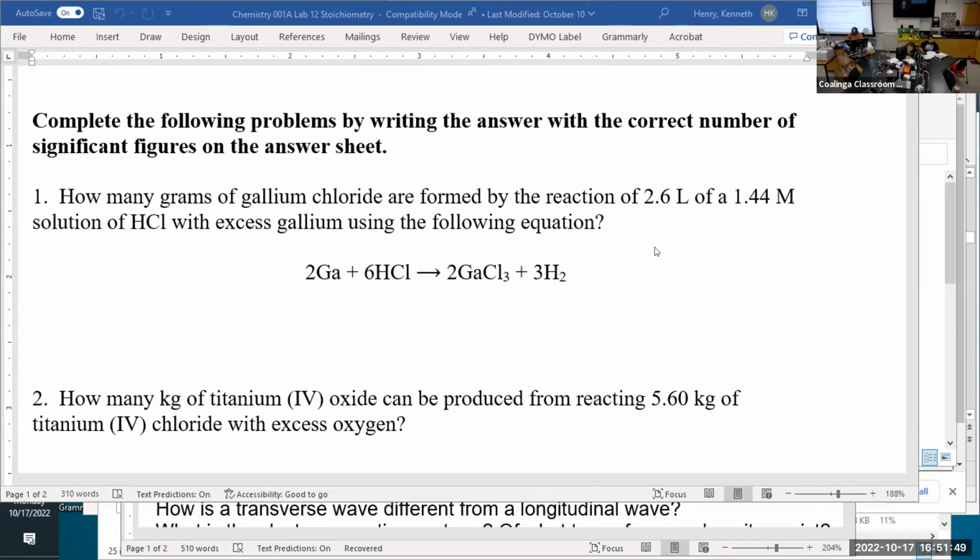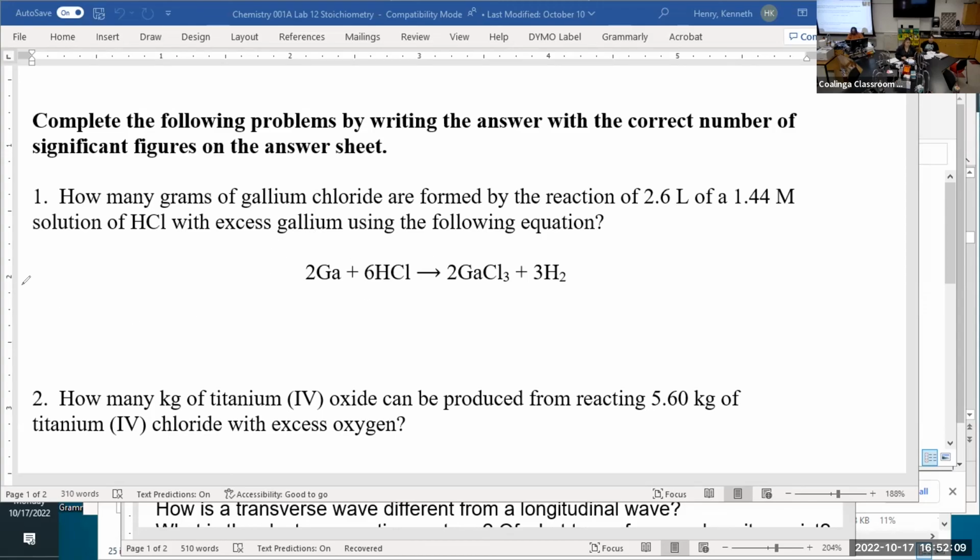If I'm given liters, I can start with my given, and I'm also given my molarity, so I get a twofer out of this. And they tell me that I have excess gallium, so I don't have to worry about it, right?